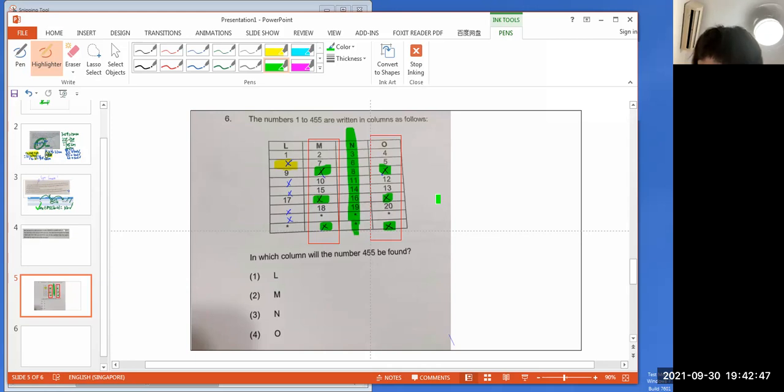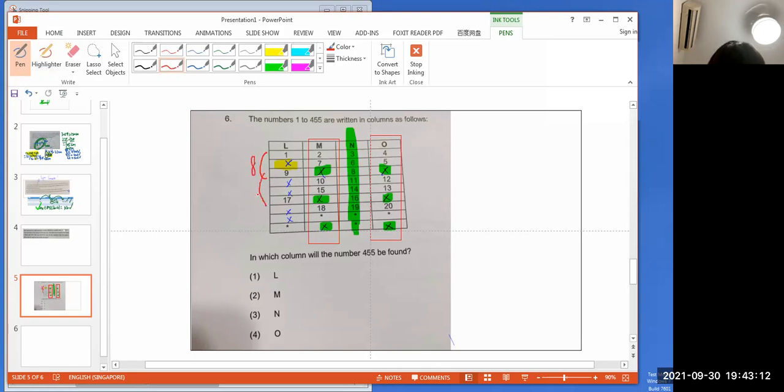Then how do you observe for L? 1, 9, 17. So 9 times 2 minus 1. Wait, this is 9, it is 8.